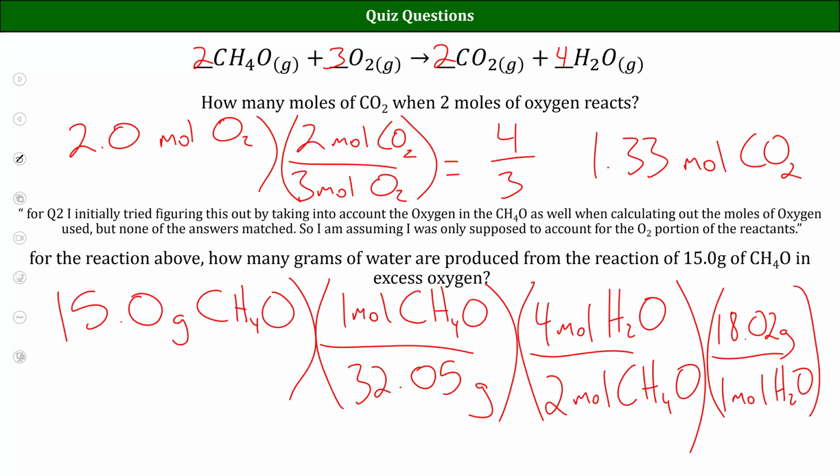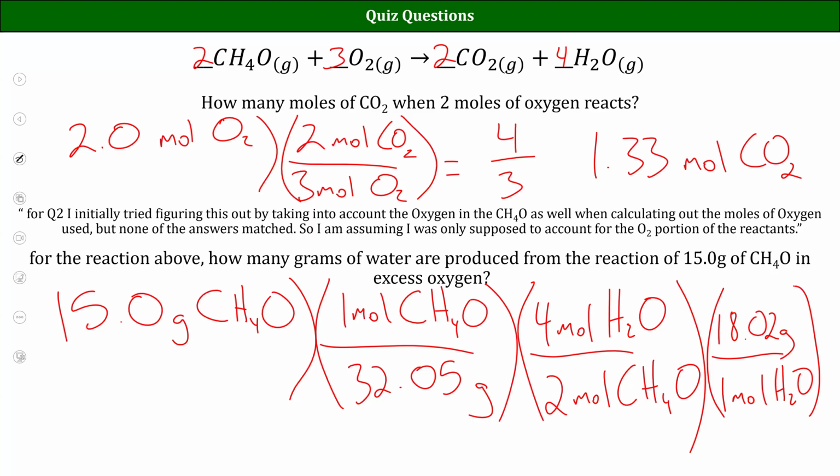So you can write it out all as one conversion if that's convenient for you. So we should get something like 0.5 times 2 is about 1, so something around 18 grams. I think it was 16.9 on the auto grader.